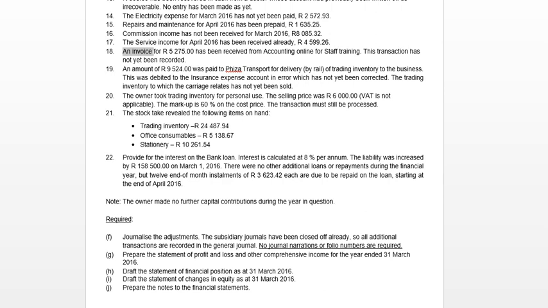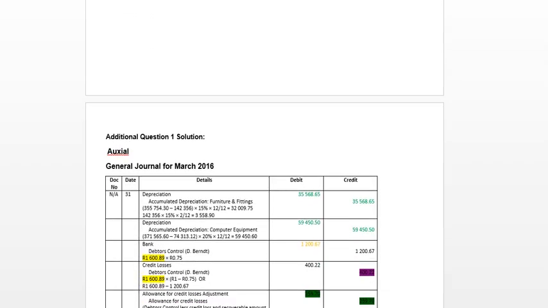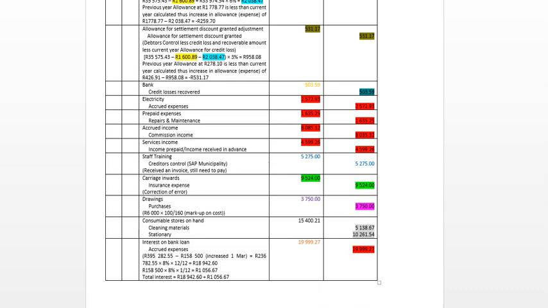Okay, so in this instance, we did an online staff training, and the expense of the staff training was 5,275 Rand, and we still owe Accounting Online this money. We haven't recorded this transaction yet, so we just need to record the transaction.